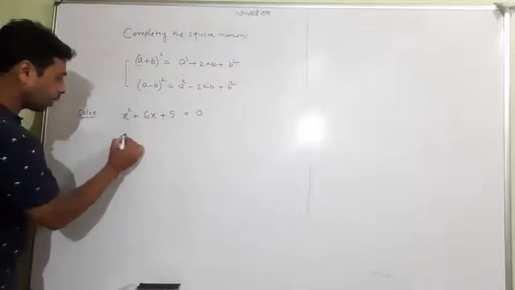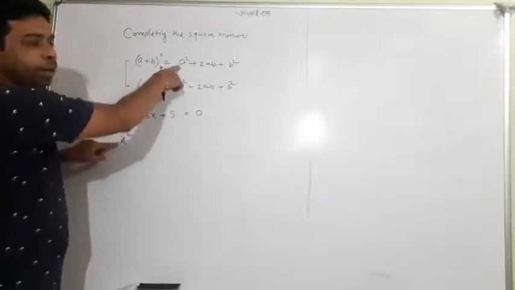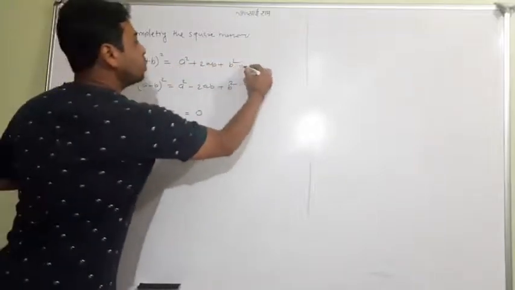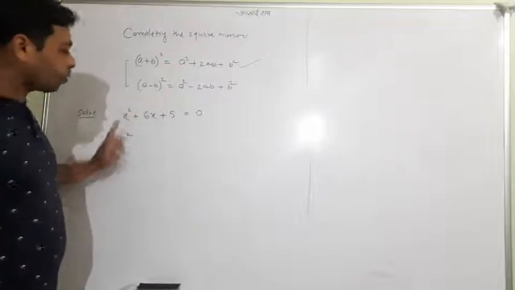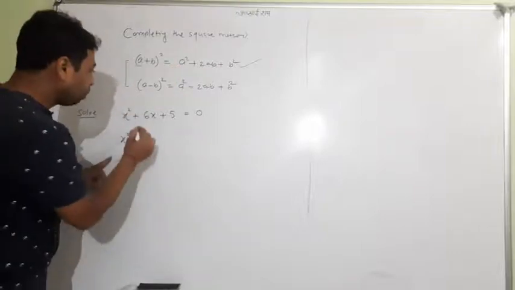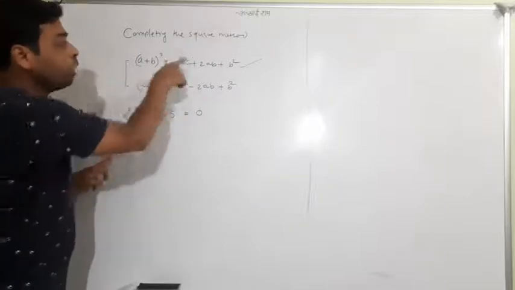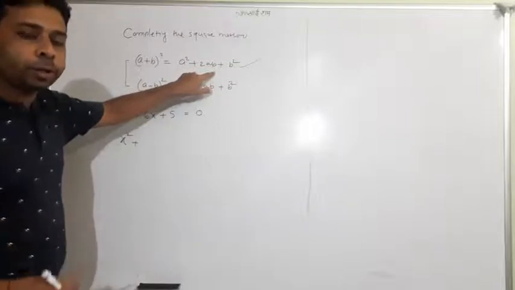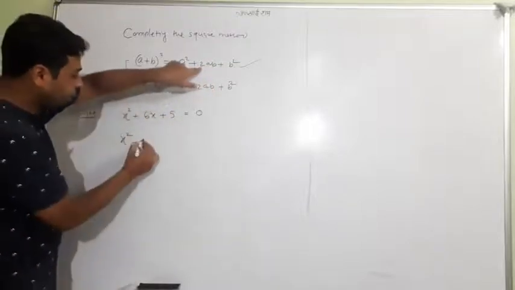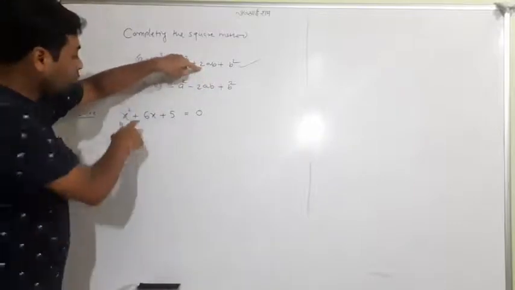Keep in mind that your x is actually a, and you just have to compare with this one. a square I created as x square plus, and only observe here that I want 2ab, so I need to write a 2 here. Just don't think that it was 6.